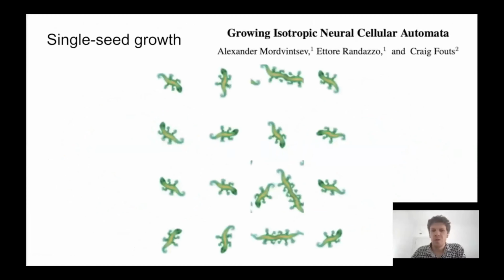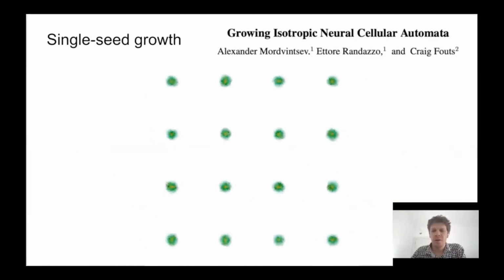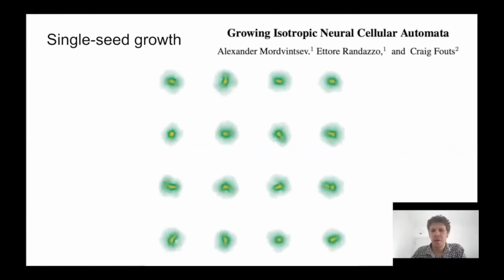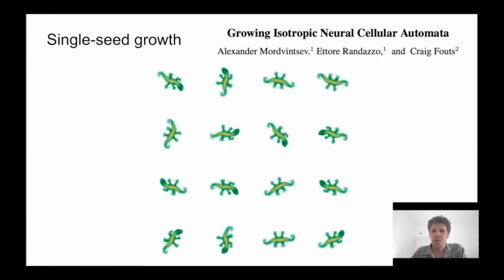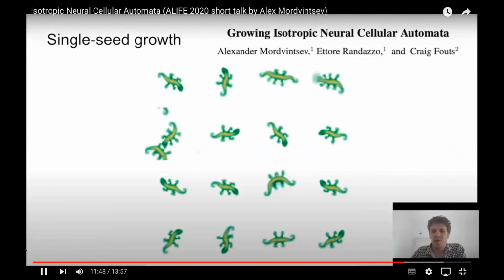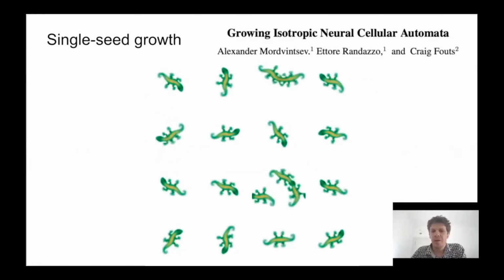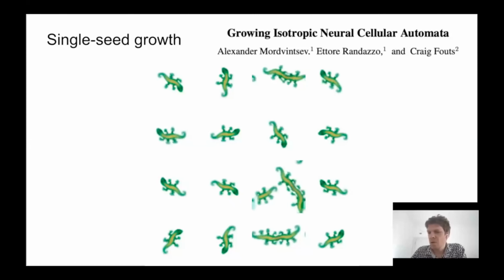This video shows the dynamics of a single seed isotropic model trained to grow an anisotropic pattern with rotation, reflection, and variant loss. We see that in spite of identical initial conditions, we get random orientations of lizards, and even chirality is not determined by the model, so we get mirror reflections.